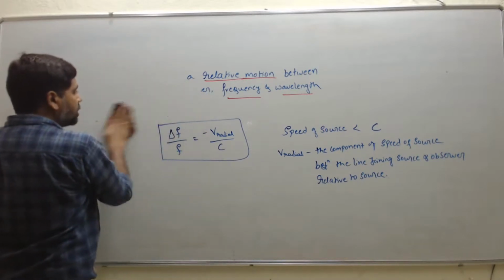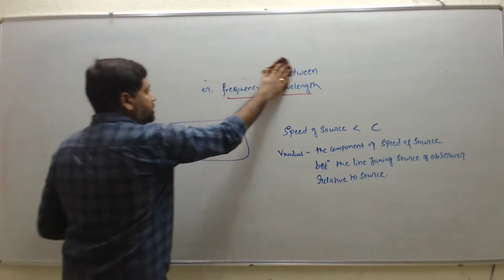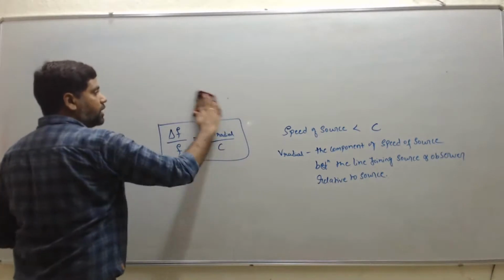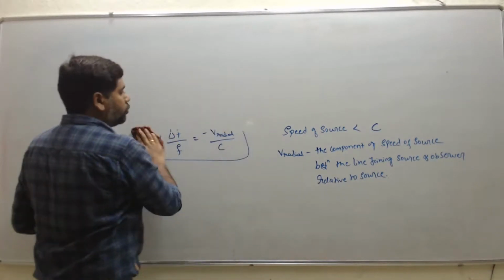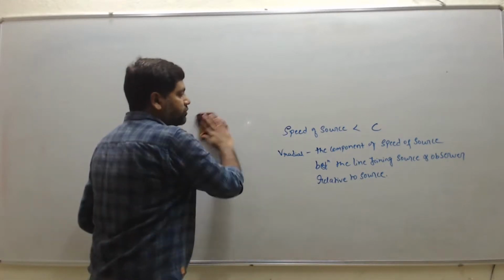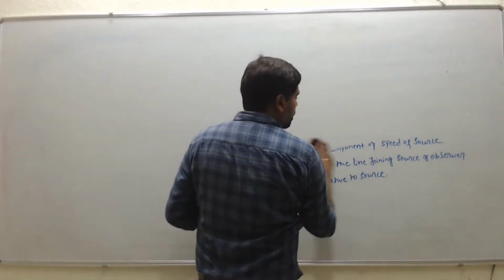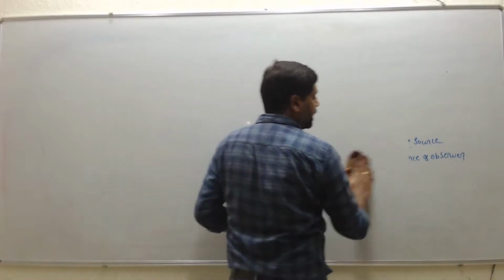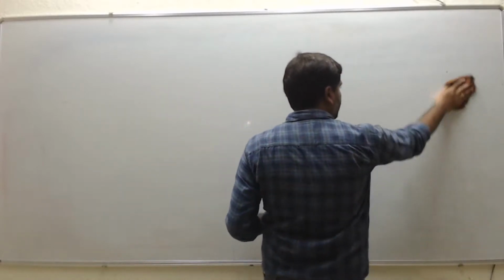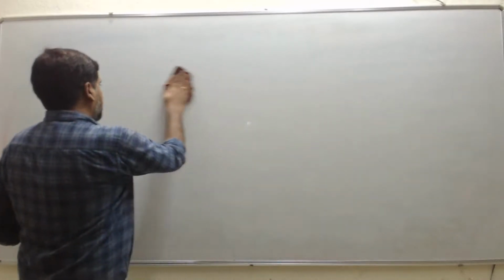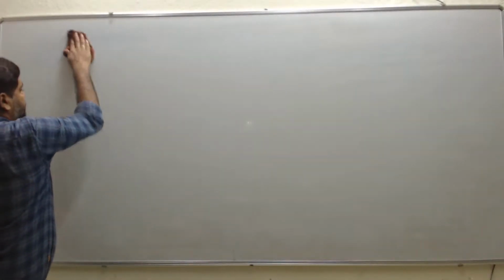For 1 mark, they may ask what is redshift and blue shift. And if they ask the application, it is to find the stars and galaxies which are approaching us or moving away from us. In redshift, the stars are receding from us.